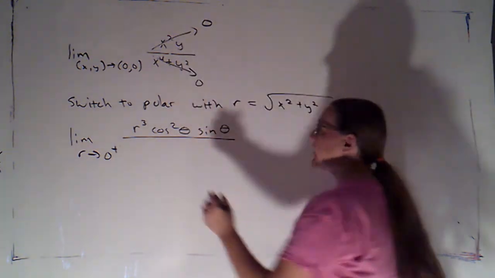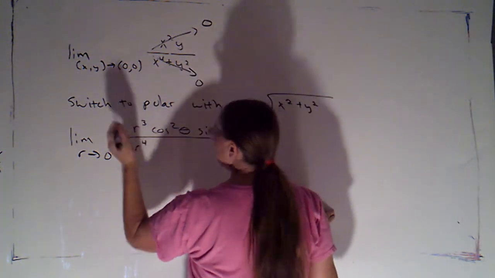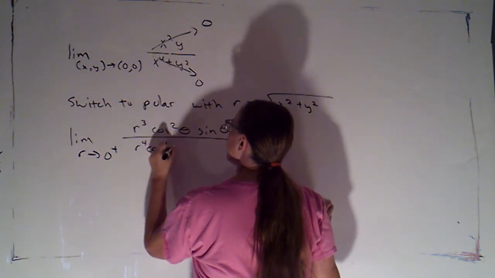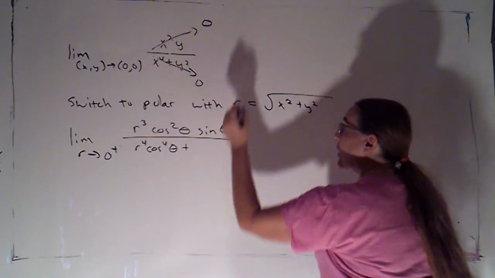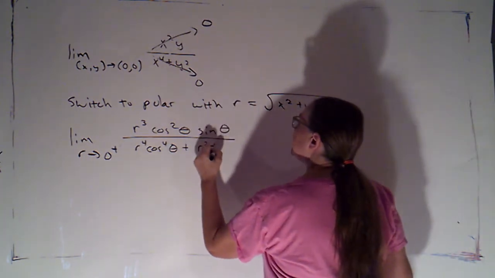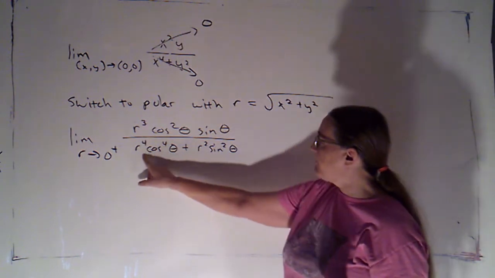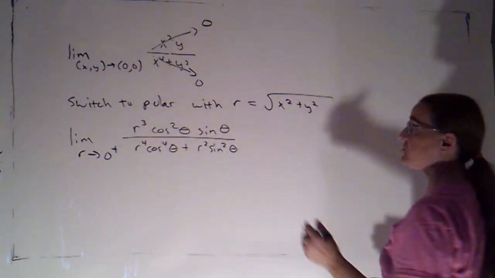In the denominator, x is r cosine theta, so x to the 4th is r to the 4th cosine to the 4th theta. y squared is r squared sine squared theta. Now in the denominator, I can factor out an r squared.